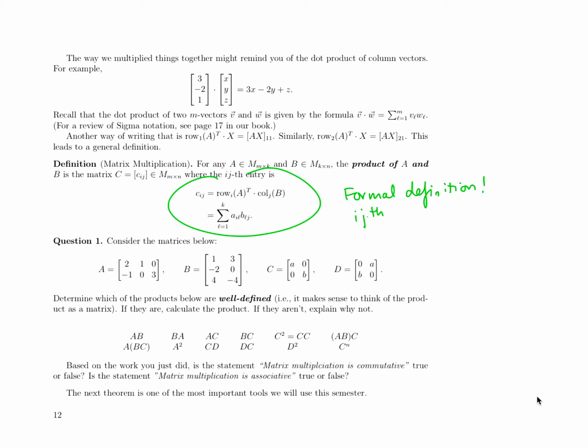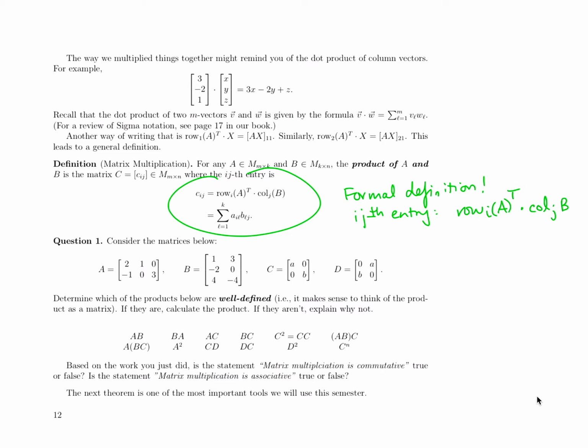For the ijth entry, we take row i of A and column j of B. We dot them together, but of course, in order to do that, we've got to transpose the ith row of A. And that gives us a way of defining matrix multiplication that does what we want it to. And I've written this out with sigma notation, because the way that we actually do the dot product is we take the first entry of one vector and the first entry of the next vector, we multiply them together, and then we add things up as we go.